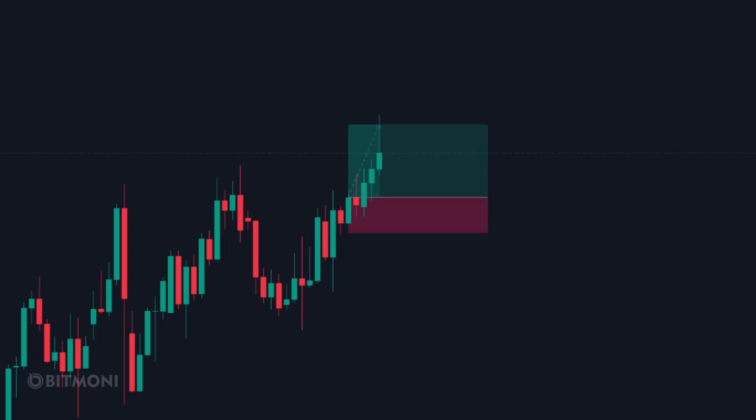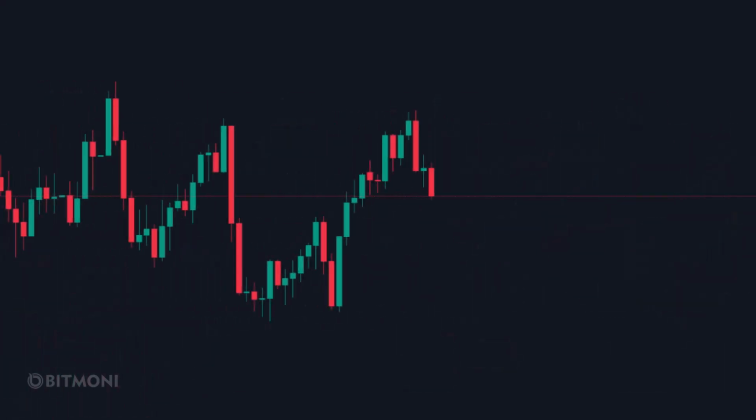Let's look at another example. Here, we have a nice red candle with a large body signaling a strong downwards momentum, which will be our igniting bar. Then followed by a small green candle, whose size does not exceed half of the igniting bar's body. This will be our pullback bar.